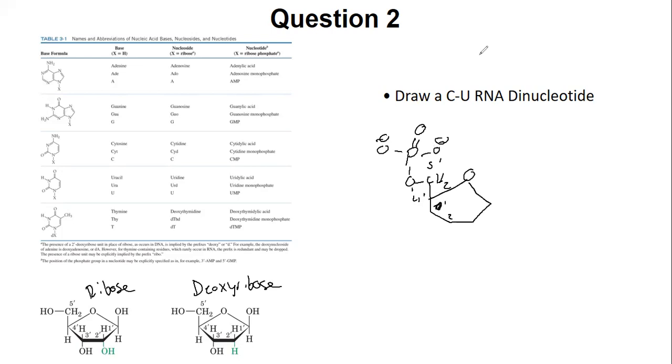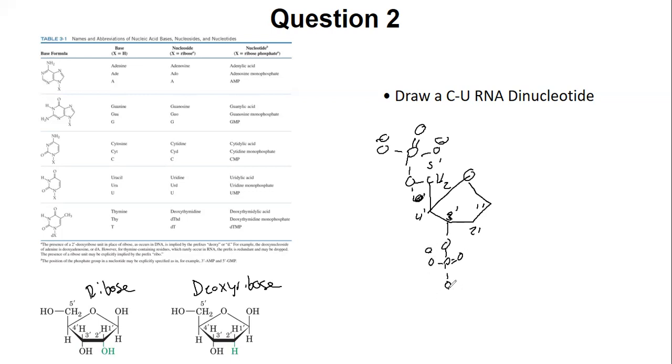Let me erase that line. My 4' is here. 4', 3', 2', 1'. So hopefully, as you can see, I'm not an art major. That is really ribose. But then at the 3', that's where we're going to connect to our next base.